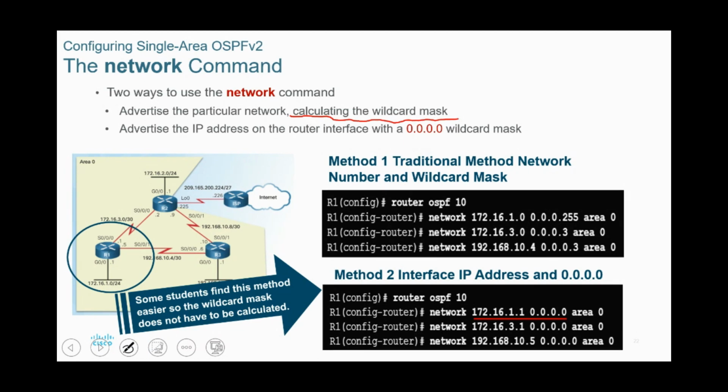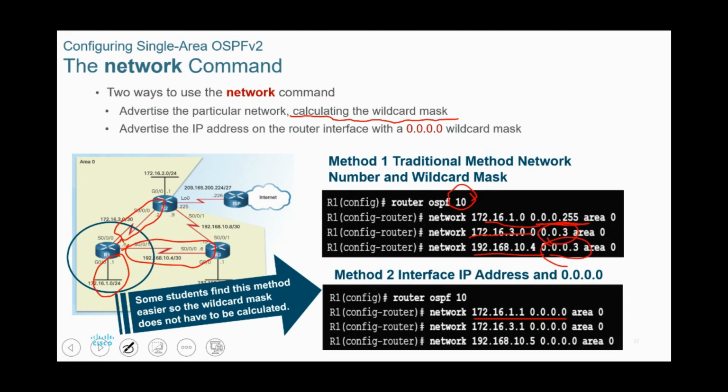So using router OSPF with the process ID, I advertise my own networks, which are 172.168.1.0, then 3.0, then 10.4. Assuming that you are in router 1, you advertise your own networks here. So these are the 3 networks.